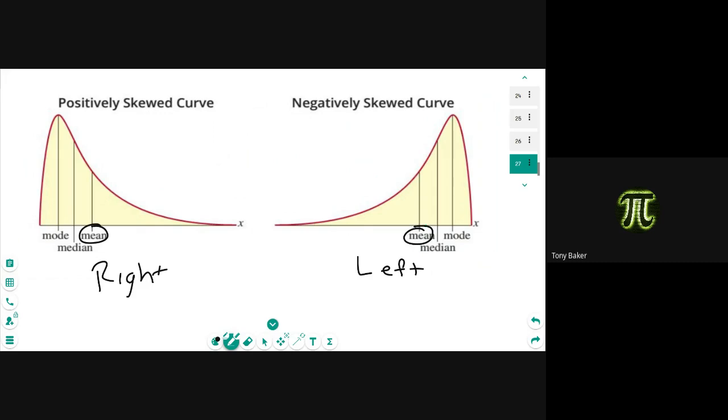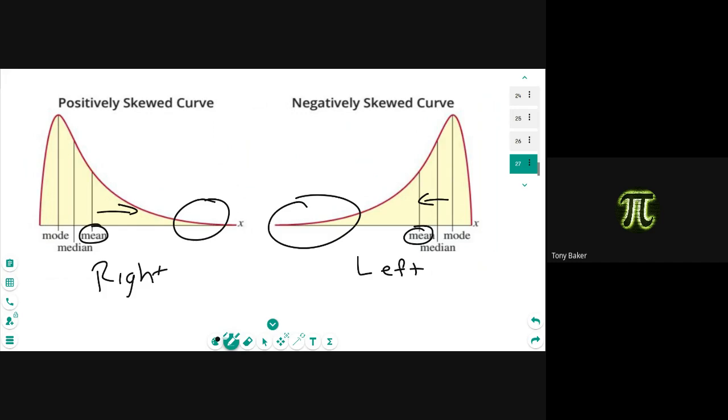Okay. So your mean is being pulled to the left because your outliers are down here, pulling it lower. That's why it's left. Okay. Because that mean is being pulled to the left by those outliers. This one, your mean is being pulled to the right by those outliers.